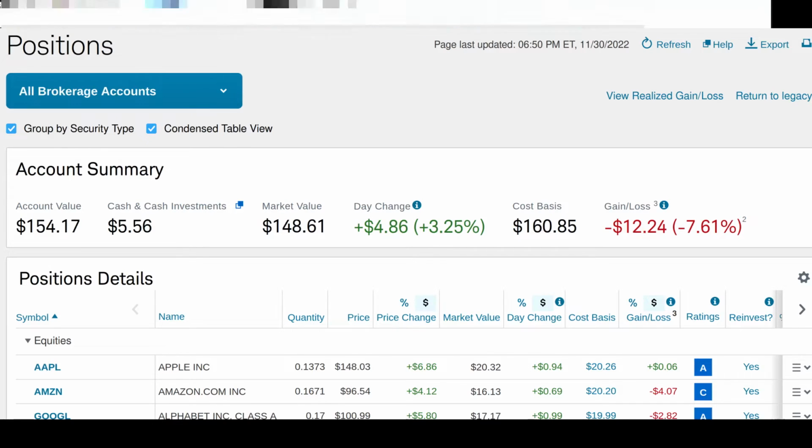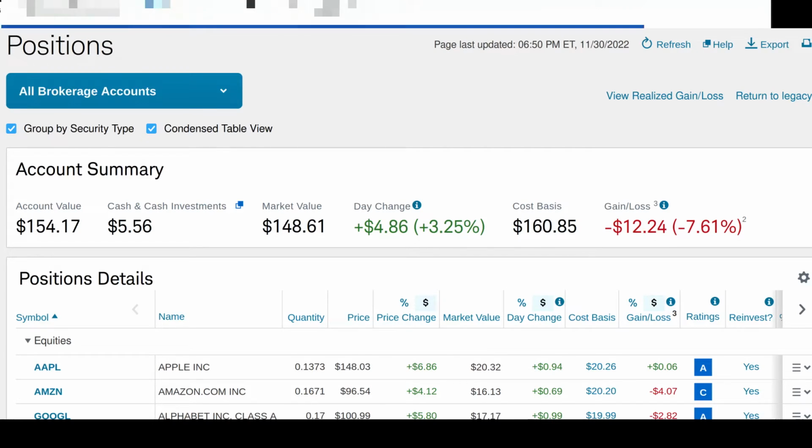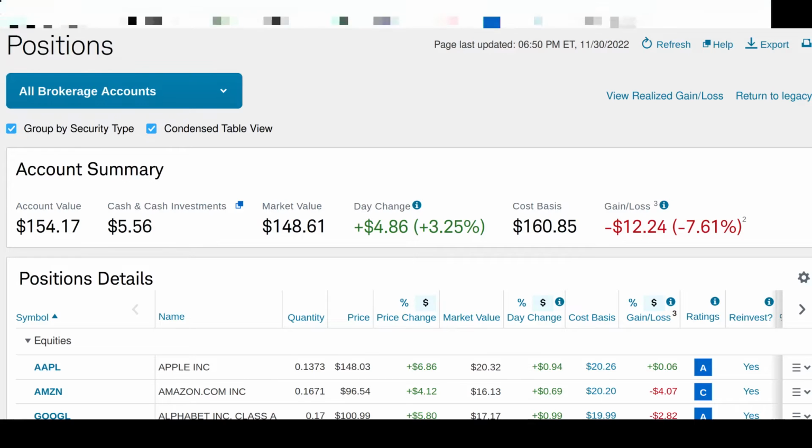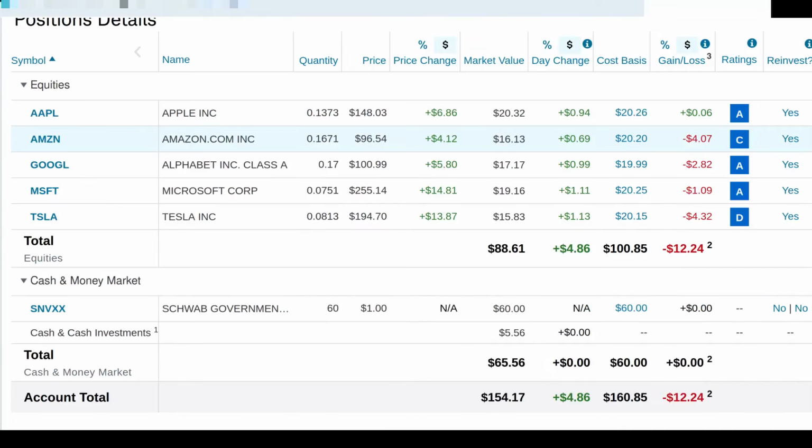Much easier interface, and you've got a lot more information and it seems a lot more useful than what Vanguard is offering. Now you can see estimated investment income on this section.